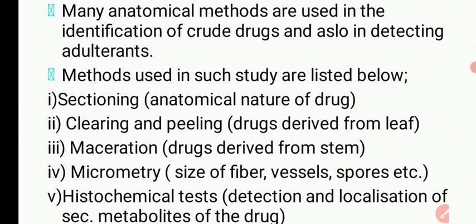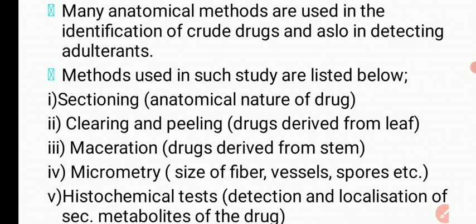The different methods used for such studies are section cutting, clearing and peeling, maceration, micrometry, and phytochemical or histochemical testing. Now, by sectioning, the anatomical nature of the drug is studied and compared with the genuine material.